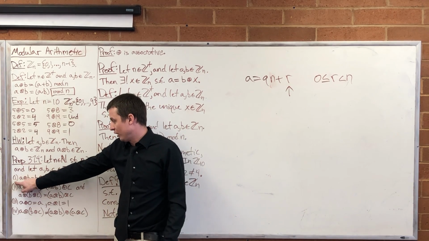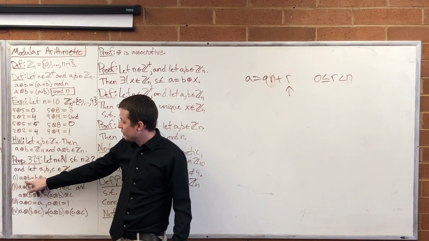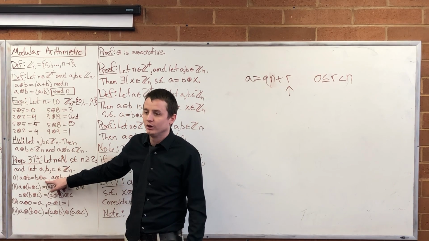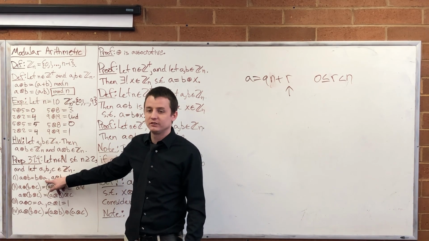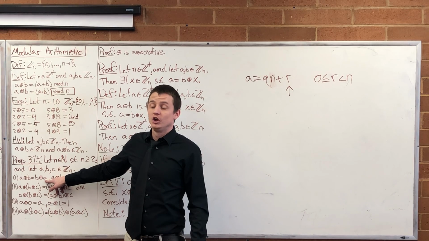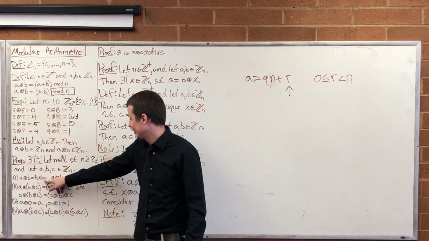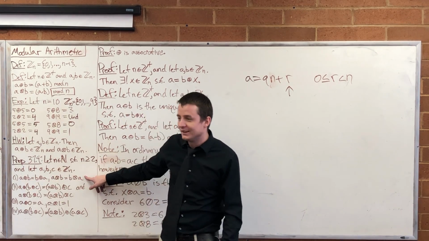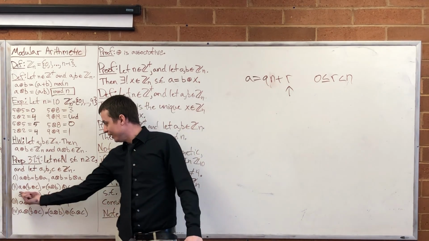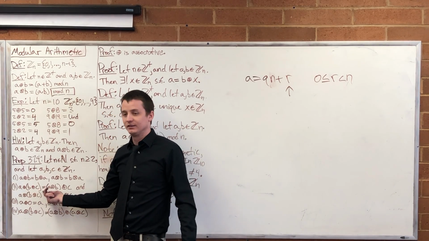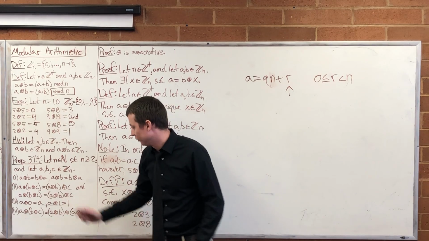Okay, what are we proving? We're proving that A plus B is equal to B plus A. Or in other words, that modular addition is commutative, and so is the multiplication. And then we're going to prove that addition is associative, and so is multiplication.